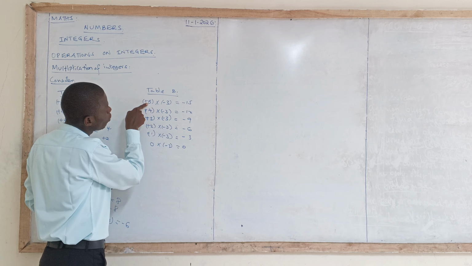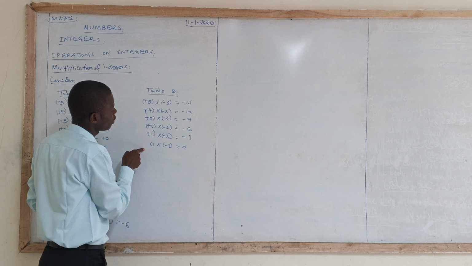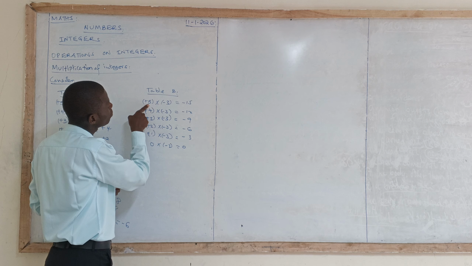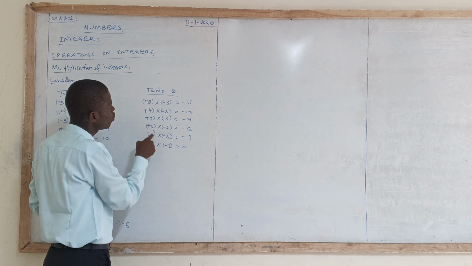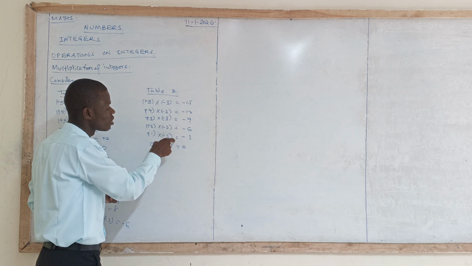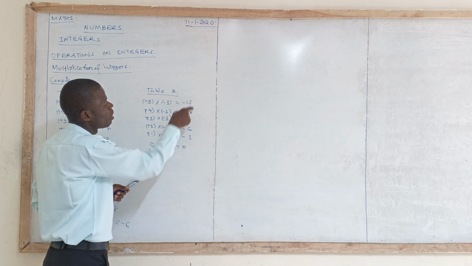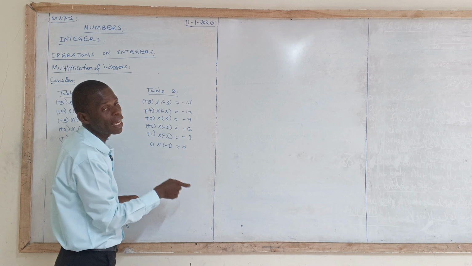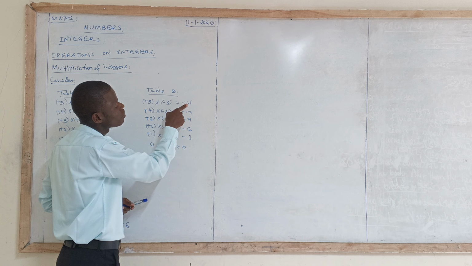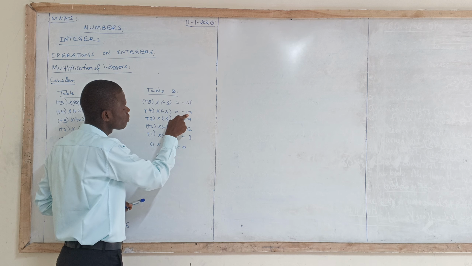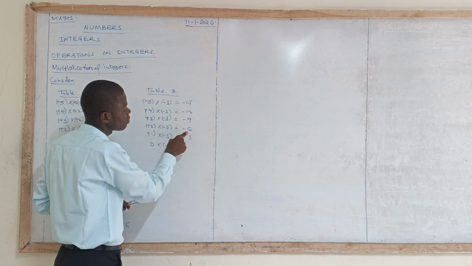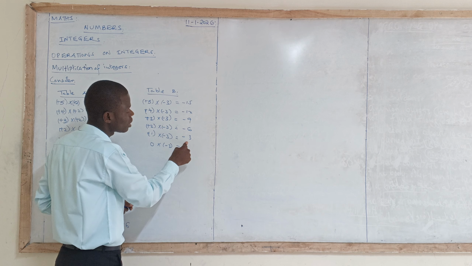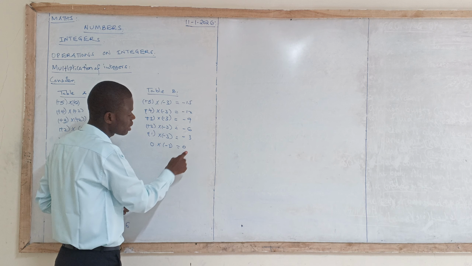Now, here, the numbers are decreasing: 5, 4, 3, 2, 1. We make negative 3 constant, but these ones are increasing. Why? Remember, negative 15 is less than negative 12, negative 12 is less than negative 9, negative 9 is less than negative 6, negative 6 is less than negative 3, negative 3 is less than 0.